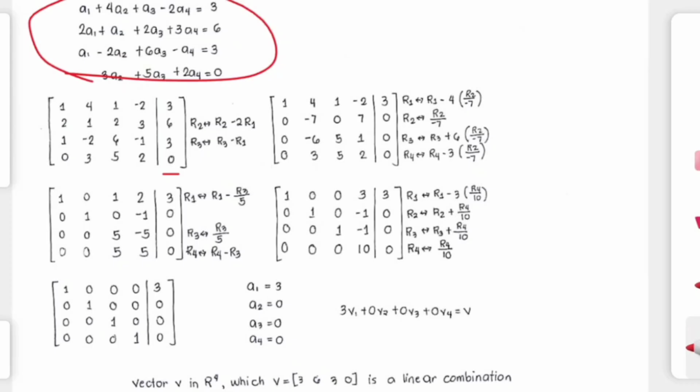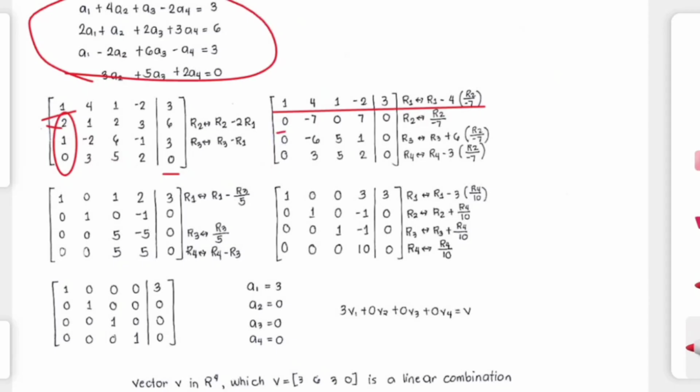Since we have established already the 1 here above for row 1, we just have to copy row 1, and then we need to establish the 2 and the 1 to be 0. So for r sub 2, we get r sub 2 minus 2 r sub 1, since we want to establish this 2 to be 0 here.